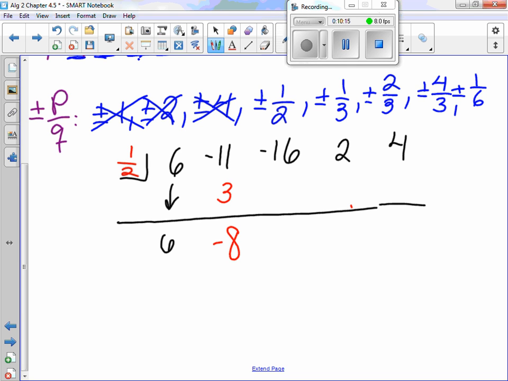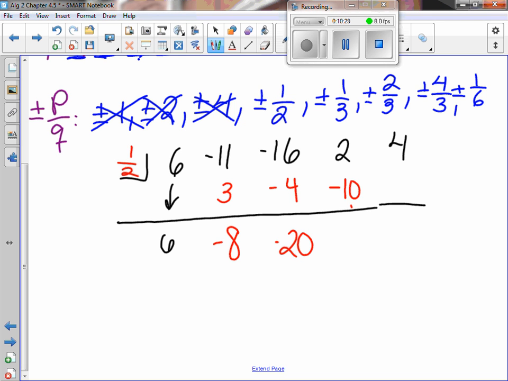Negative 1/2 times negative 8 would be negative 16 plus negative 4 would be 1/2 times negative 20 would be negative 2 plus negative 10 is so hey, that one did work out.